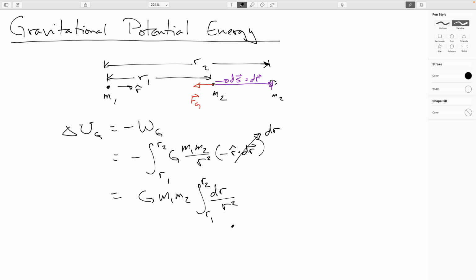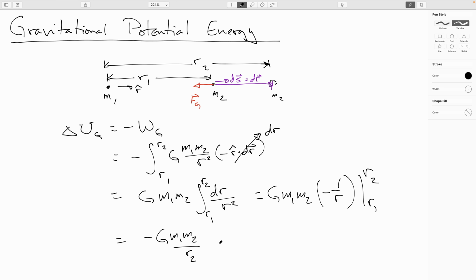And the way you evaluate this integral is you look it up, and it'll turn out to be minus 1 over r. So this is G m1 m2 times minus 1 over r evaluated from r1 to r2. So if we put all that in, this is minus G m1 m2 over r2 plus G m1 m2 over r1.